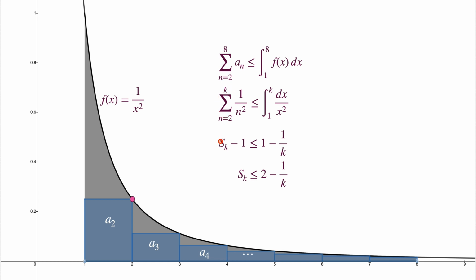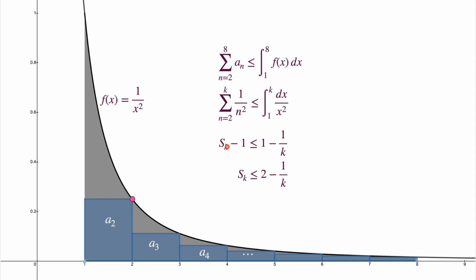So if we add in a 1 and we subtract a 1, then we have an equivalent expression for the left-hand side. On the right-hand side, however, we have an integrand of x to the negative 2 increments to negative 1, so that when we evaluate it at bounds, 1 and k, we get 1 minus 1 over k.